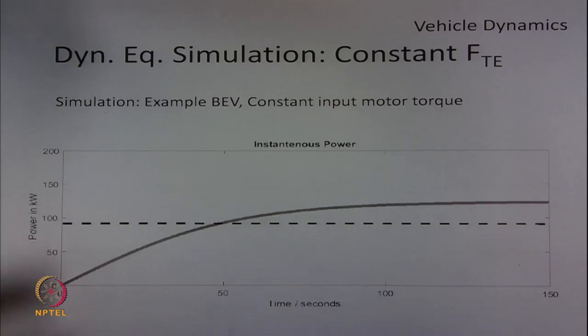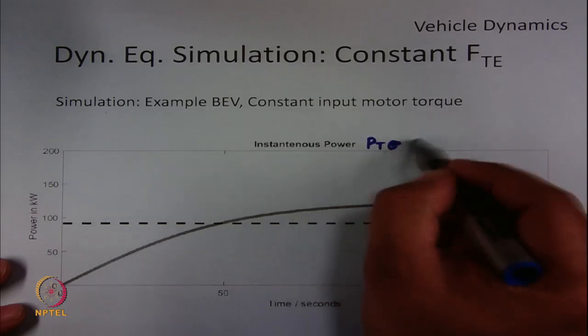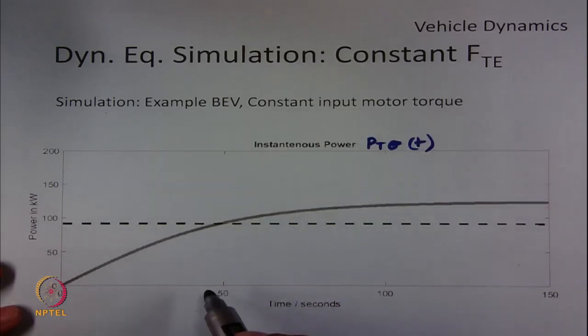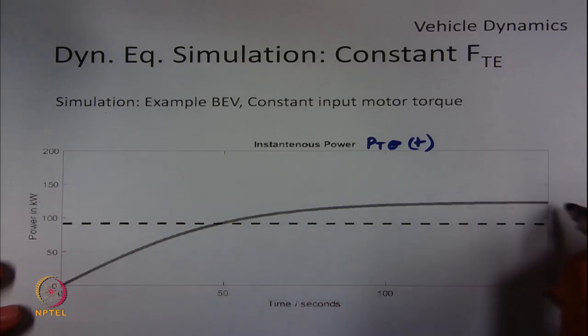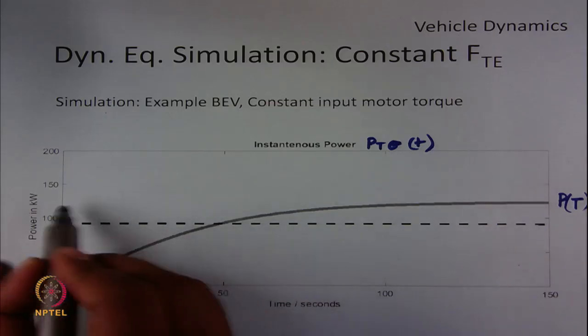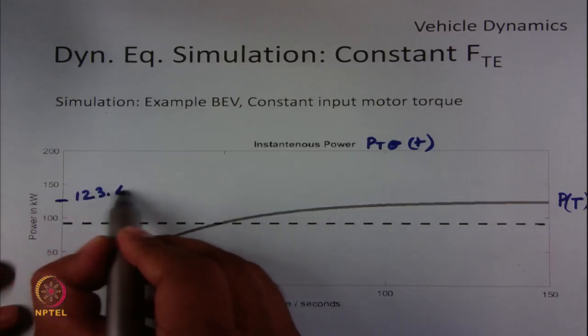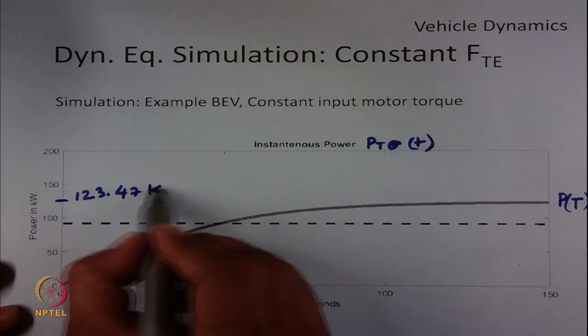Similarly, we have the plot of instantaneous power, which is P_TE as a function of time. So, we can see that the plot of instantaneous power is very similar to the velocity graph. So, it increases from 0 and becomes constant at a value equal to P terminal. So, P terminal in our case was 123.47 kilowatt.